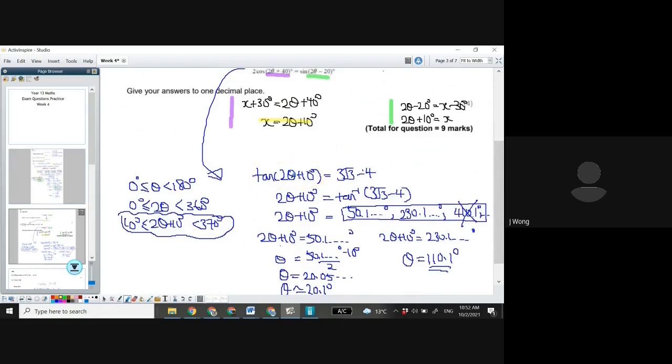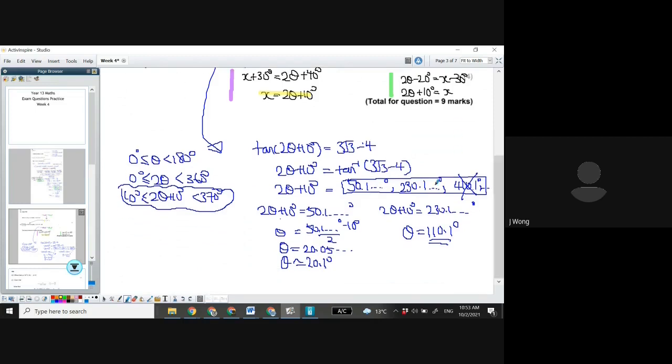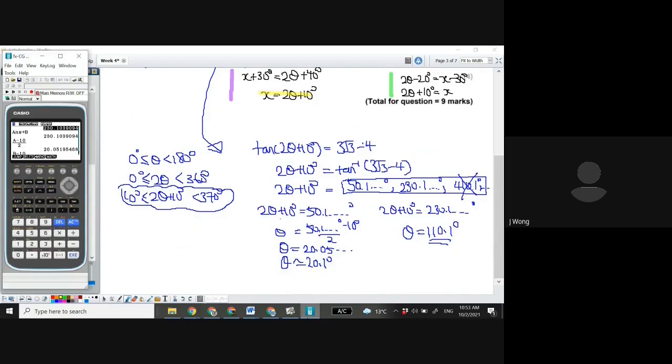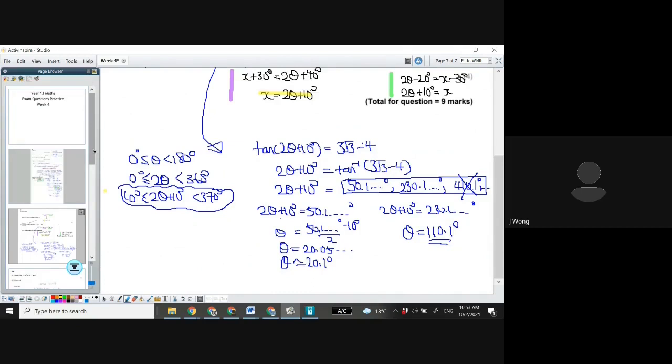It's not necessary because it's already all in terms of tan. It's just tan of something equals a number. So that's why you could just solve it easily by applying tan inverse. You get two alternate answers and you make theta the subject. Okay? And make use of the store value function too. All right? Good. This is question one.